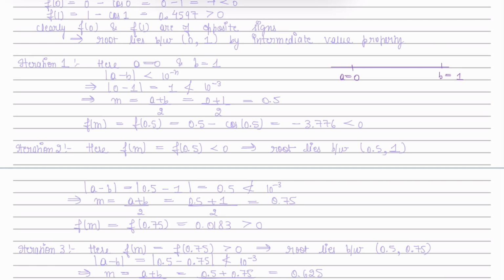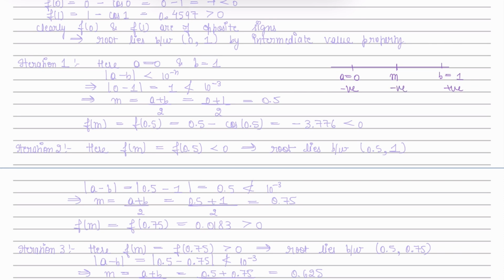By the intermediate value property, the root of the equation will definitely lie between this interval, and after finding the midpoint m, the function value at a is negative and at the point b is positive, and the function value at the point m is negative.